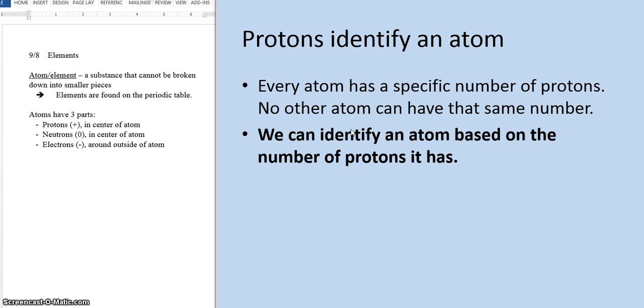We're going to, for the purposes of biology, look specifically at the protons and the electrons. Protons are different for every atom. No other atom can have the same number of protons. So we can identify an atom based on the number of protons it has.